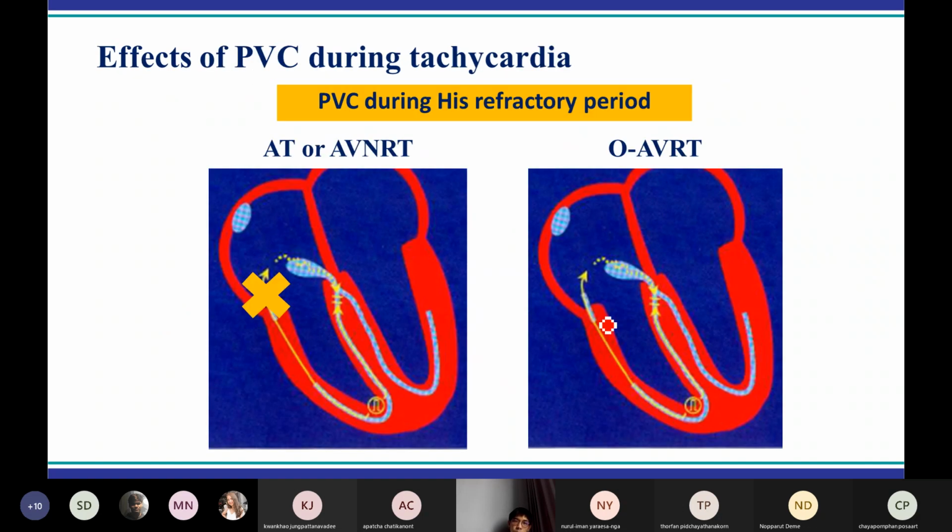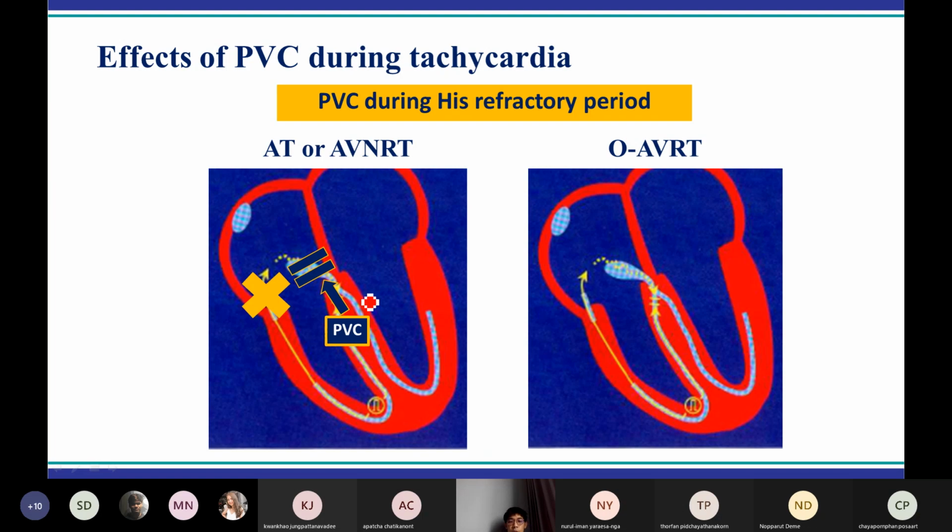And for the PVC during the His refractory period, if it is an AT or AVNRT, you put the PVC in, and it could not go back into the atrium because there's only one pathway connecting between the ventricle and the atrium, and it is still in the refractory period.